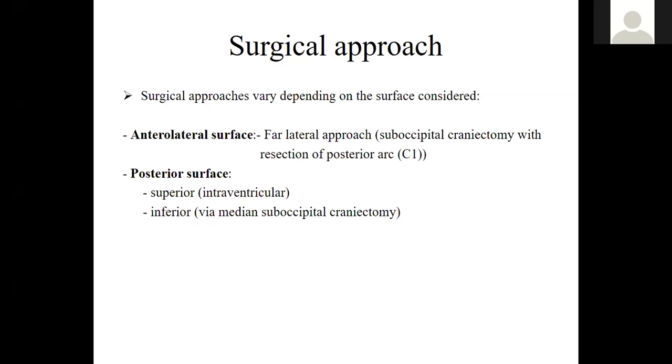Apart from that, we can have the retrosigmoid approach. And then during approaches to the posterior surface, it's either an intraventricular approach, in which case it is mostly associated with a lot of neurological deficits, or an inferior approach precisely through the median suboccipital craniectomy.